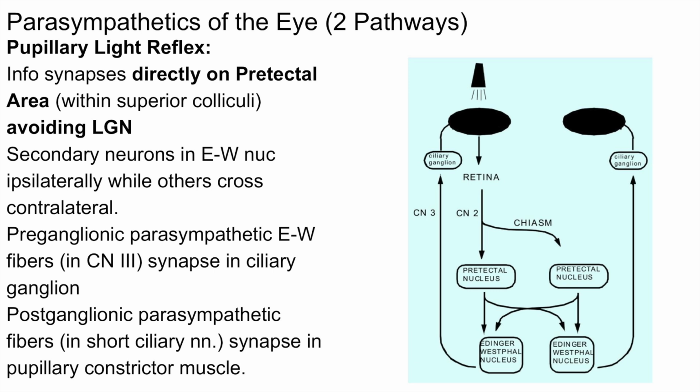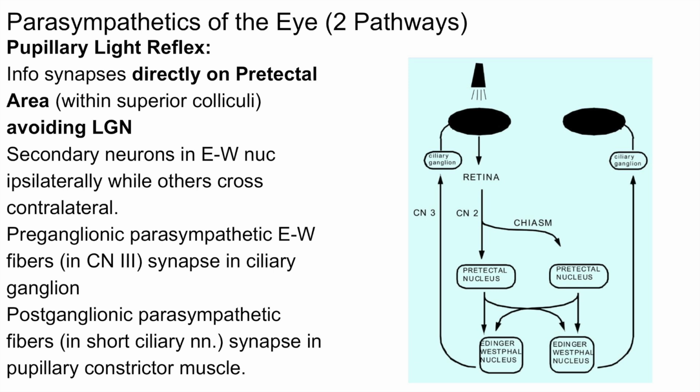So this is your reflex integration center, right? So from the pretectal nucleus, the signal is split and sent bilaterally to both Edinger-Westphal nuclei. Some fibers stay ipsilateral and some cross to the contralateral side.